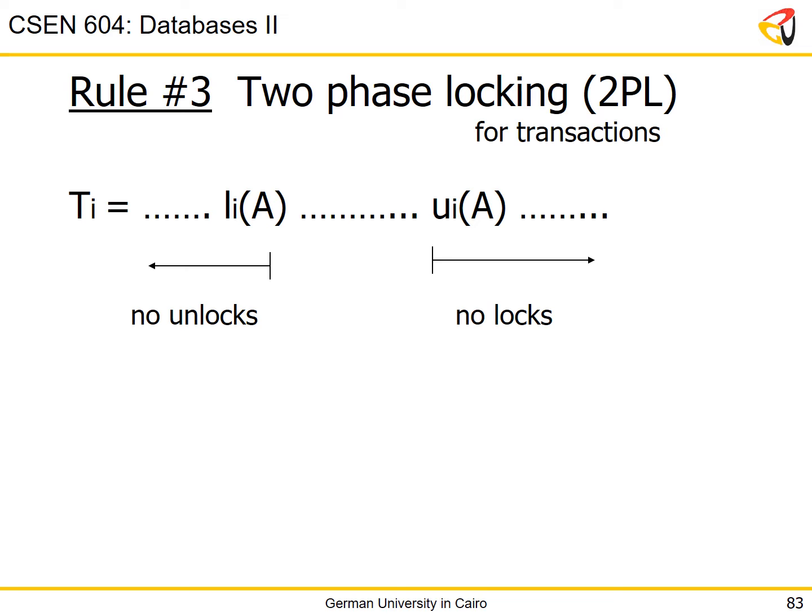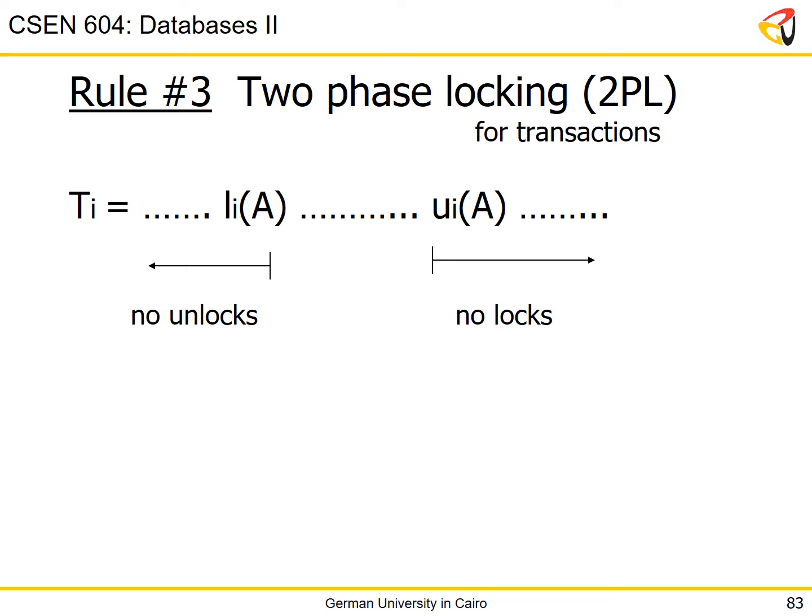Now, in two-phase locking, the way it works is that a transaction will request all the locks it needs before doing the first unlock to any of the resources it got a lock on. Okay, so again I will repeat that. It will do all the requests for locking resources before you see any unlock system call.